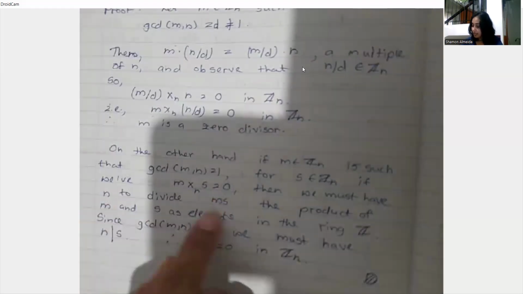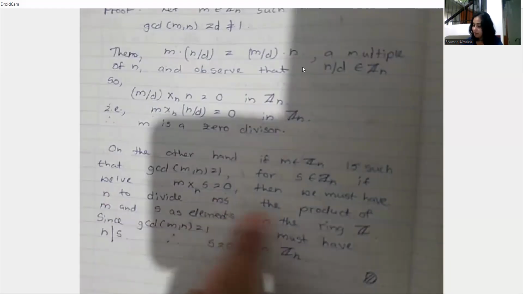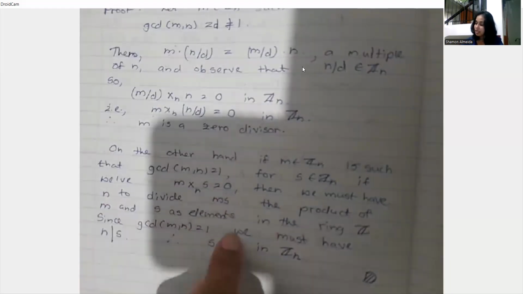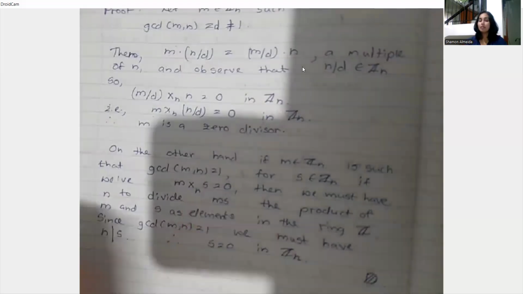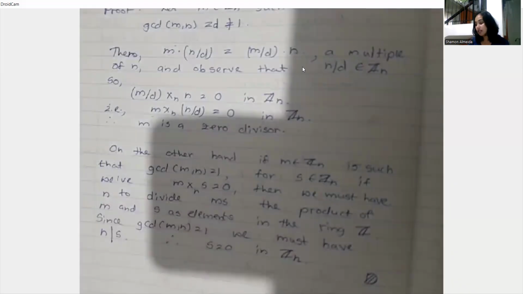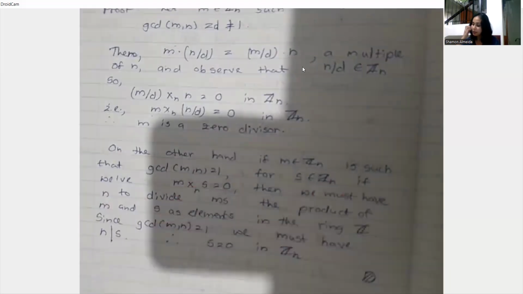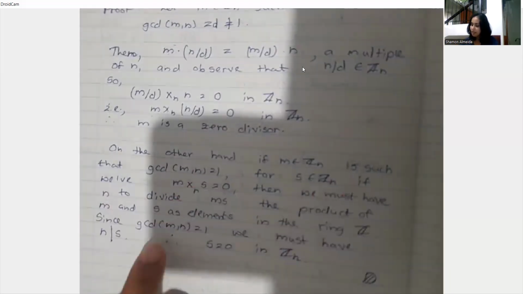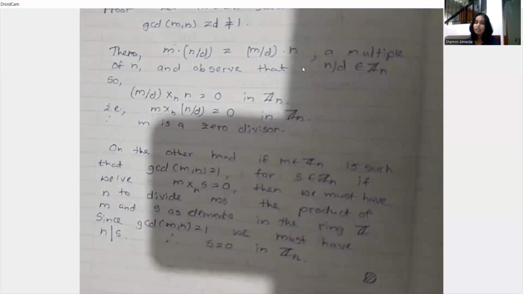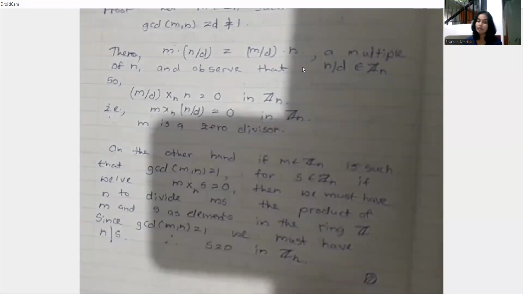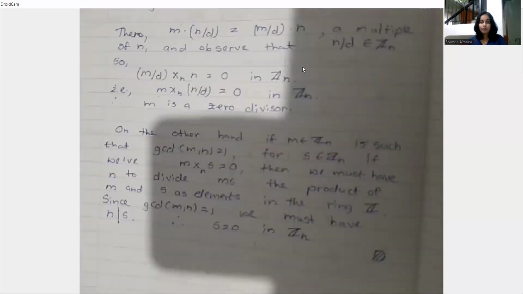Then we must have N divide MS, the product of M and S, as elements in the ring Z. If the product modulo N is equal to 0, that means you simply take the integers M and S, take the product, and it must be divisible by N, otherwise it won't be 0 in the ring Zn. And because M and N are relatively prime, we must have N divide S, so that S essentially is 0 in this ring.